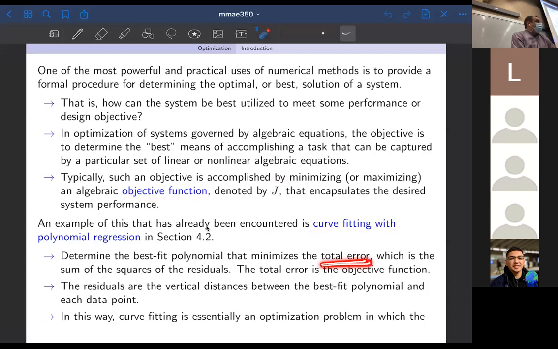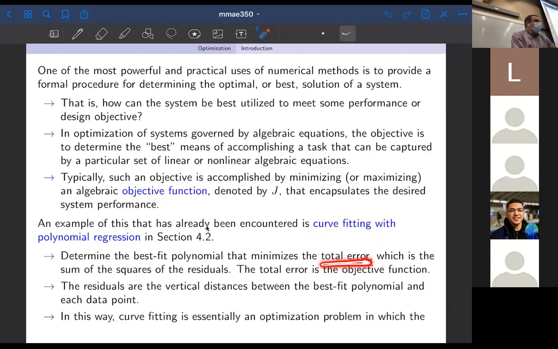And the objective was to minimize the total error, so to determine the best fit curve, the polynomial, that did the best job of fitting those points. And the way we quantified that was through minimization of the total error. And so that is exactly an optimization problem. It's an excellent example of the kinds of things that we're going to be looking at.